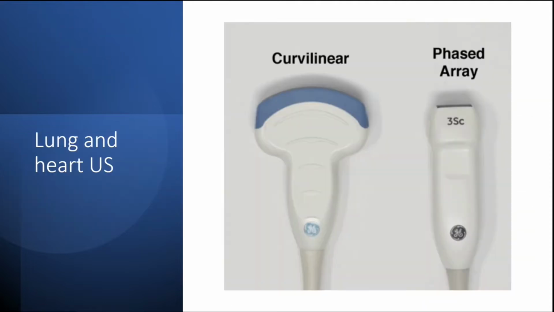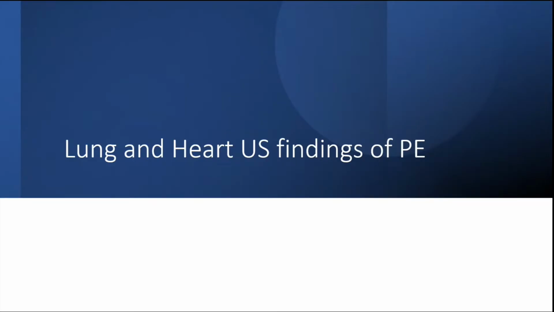First, for the lung and heart ultrasound, we can use the phased array probe, and for the lung we can also use the curvilinear probe. Now I'm going to talk about the ultrasound findings of PE in lung and heart ultrasound.